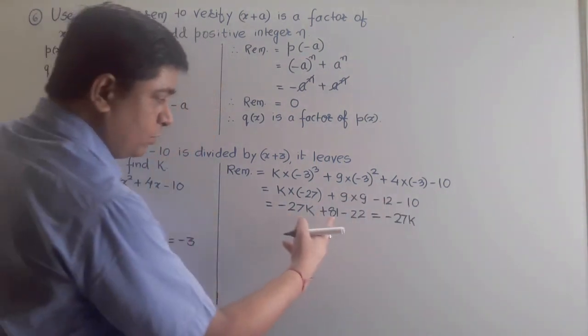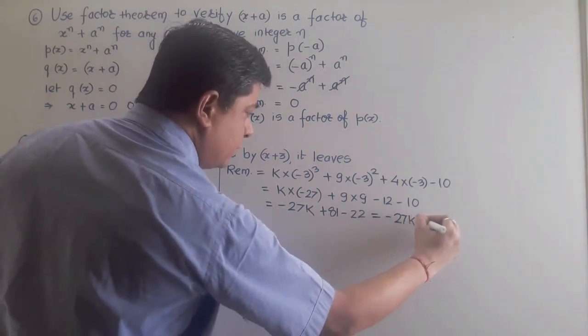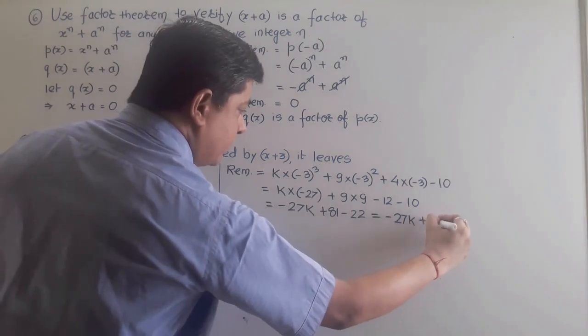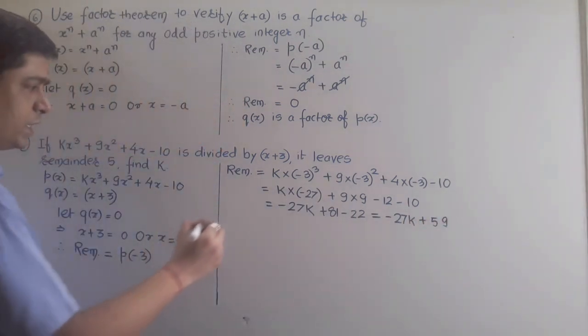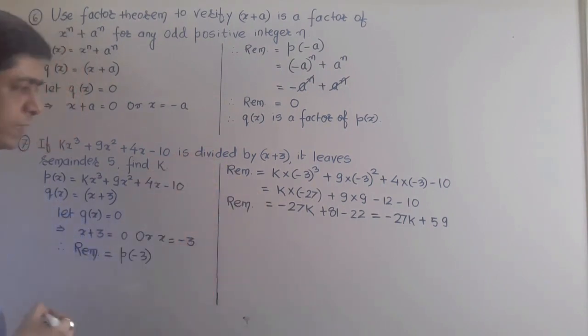From 81 I am subtracting 22, so 11 minus 2 is 9, and 8 minus 3 is 5. Minus 27k plus 59 is the final value of my remainder, where the value of k is unknown.